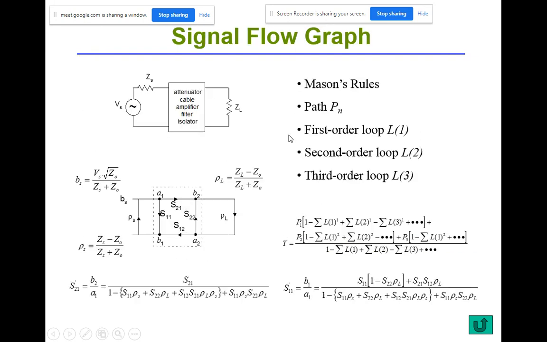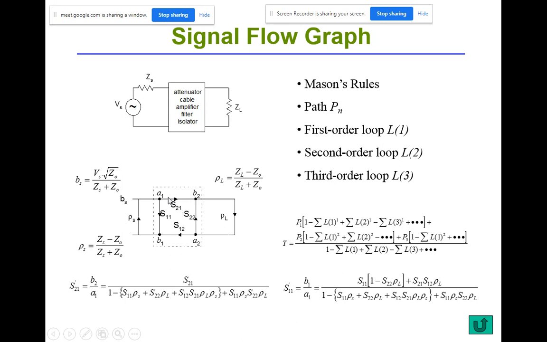There are other ways. Another way is the signal flow graph. You can use a signal flow graph to find the overall S matrix. All right. So this method is also used in control systems, if you remember. So if you know the S matrix of a block, you can represent it with a signal flow graph that looks like this. S21 is the transmission coefficient, right?